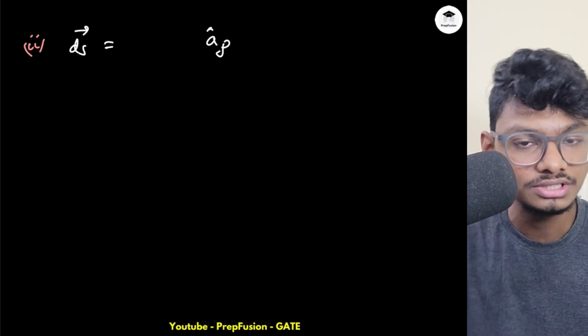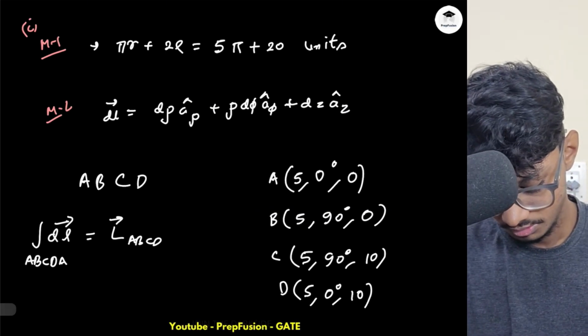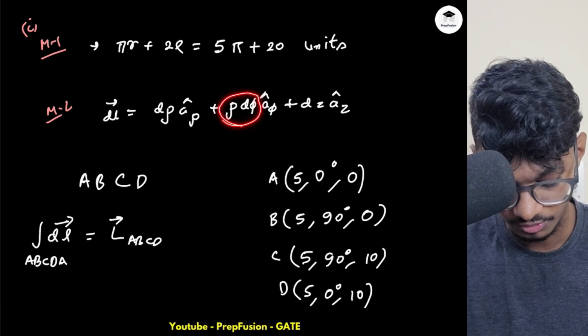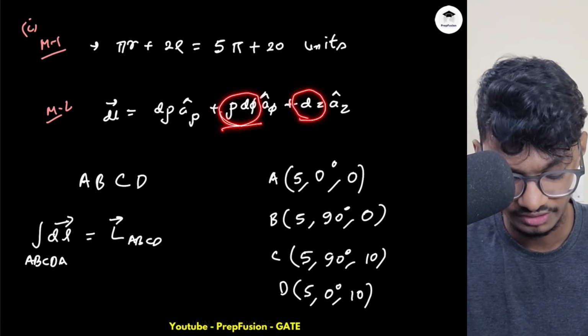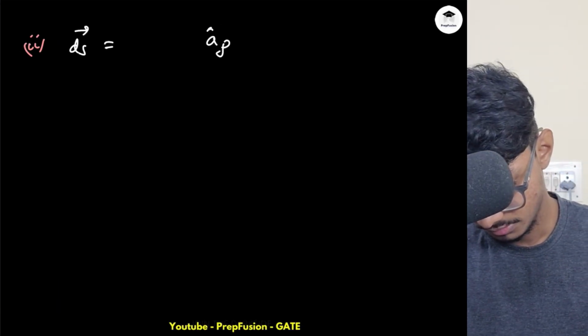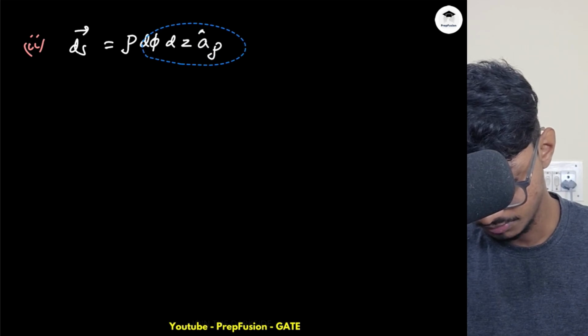And what are the other components? I don't have to take the d rho component, just take these two components, rho d phi and dz.